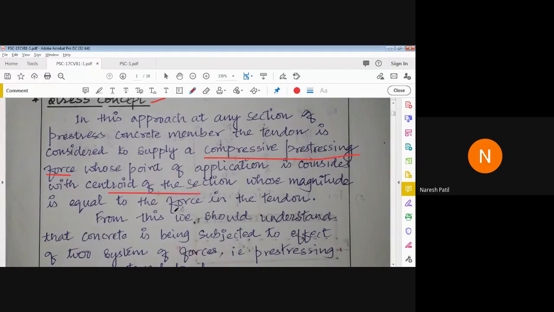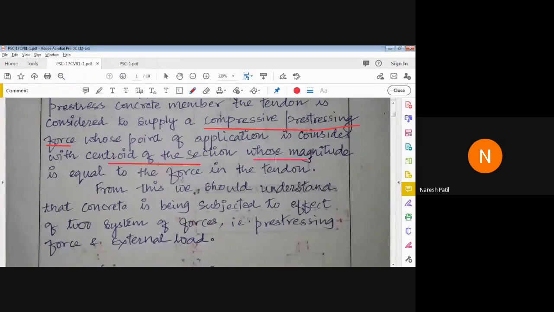So what this method says is that the tendon supplies a compressive pre-stressing force, whose point of application coincides with the centroid of the section, and the magnitude of that force is equal to the force in the tendon. Whatever force is transferred to the concrete or the section will be equal to the force in the tendon.